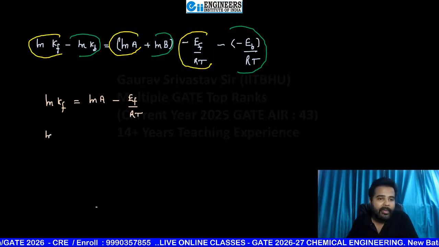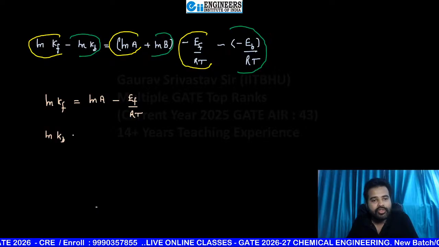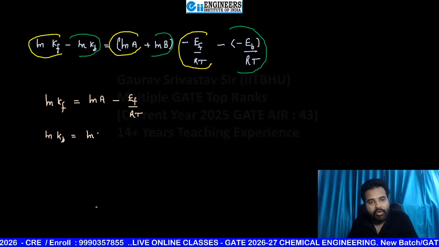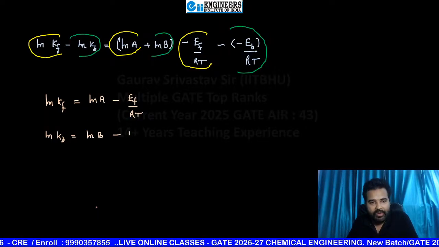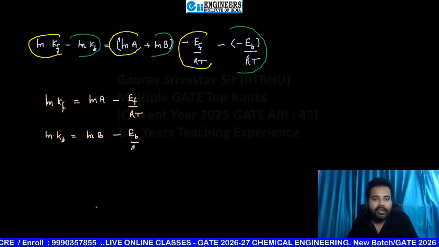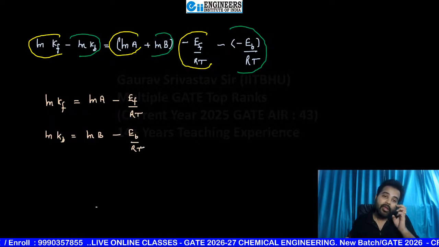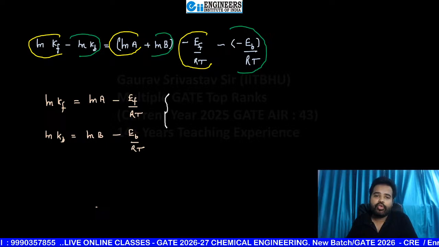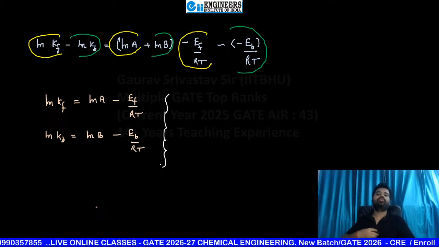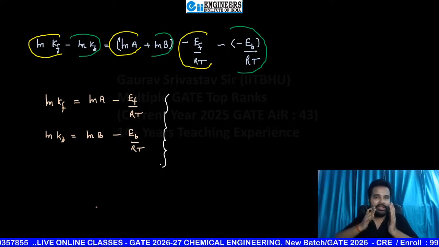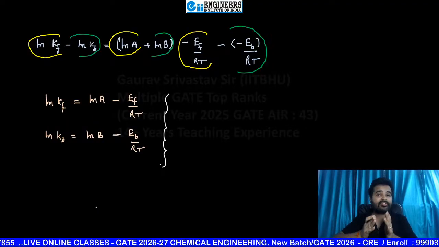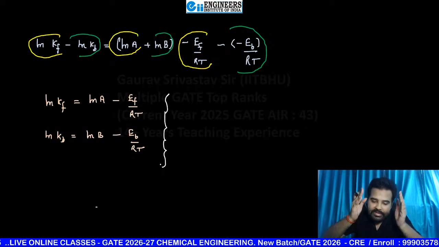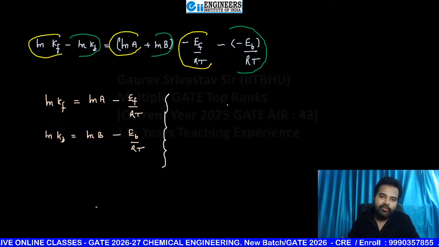Similarly he got for the backward reaction rate constant kb, ln of B minus Eb by RT. So now he said that you can use this equation also if the reaction is unidirectional. If the reaction is unidirectional, still you are able to use this equation.